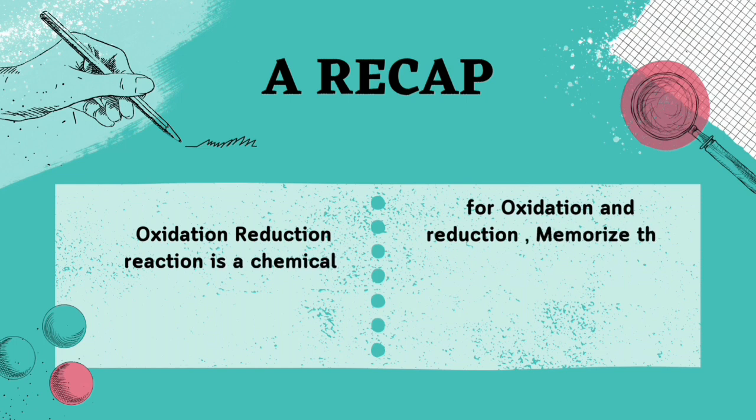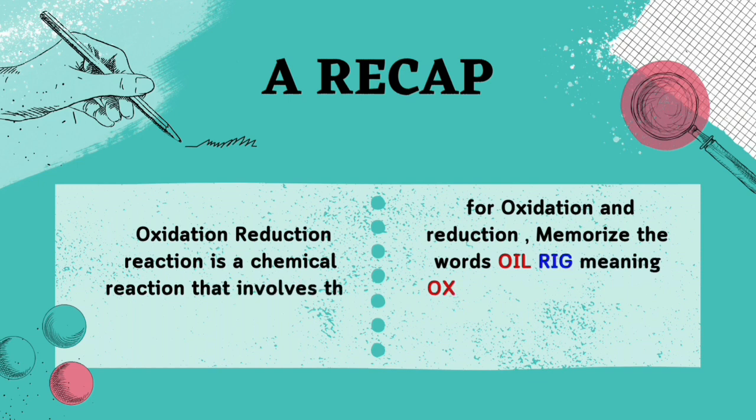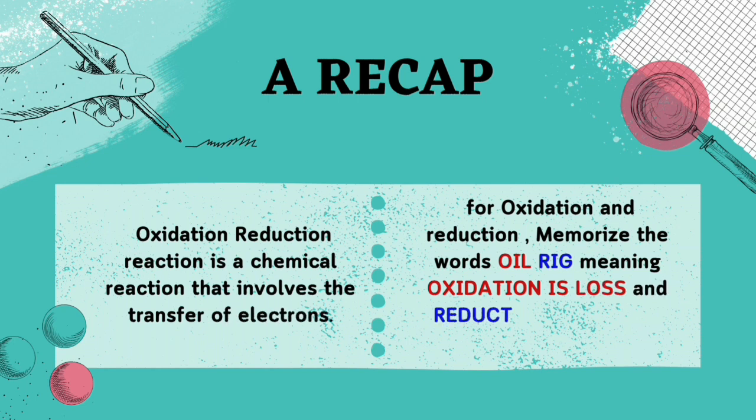Now let's have a recap. Oxidation reduction reaction is a chemical reaction that involves the transfer of electrons. For oxidation and reduction, memorize the secret words: OIL RIG, meaning oxidation is loss and reduction is gain of electrons.